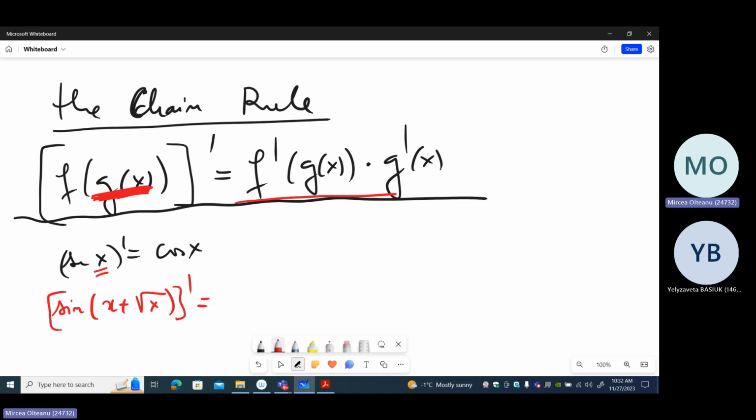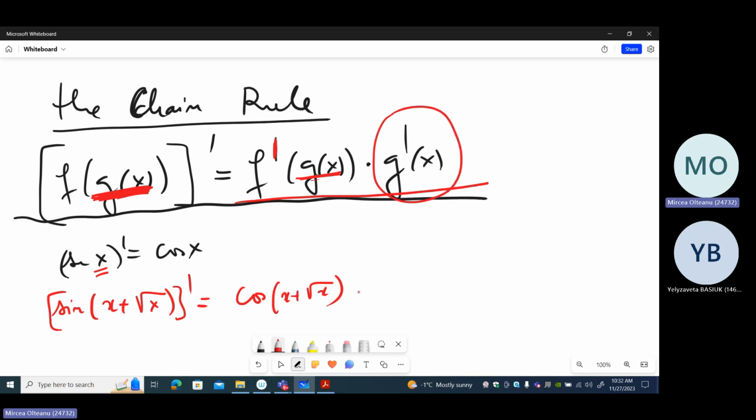So according to this formula, it will be the derivative of the sine, which we must know is cosine. So this is cosine, but applied to whom? To whom it was applied: cosine of x plus root of order 2 of x. Now, the common mistake here is that people forget this factor.